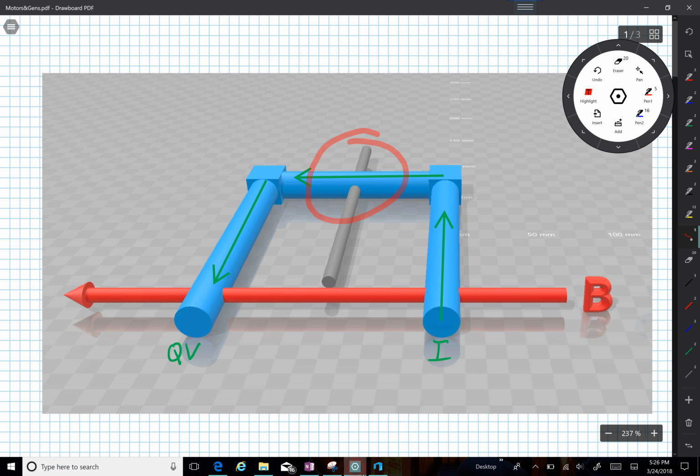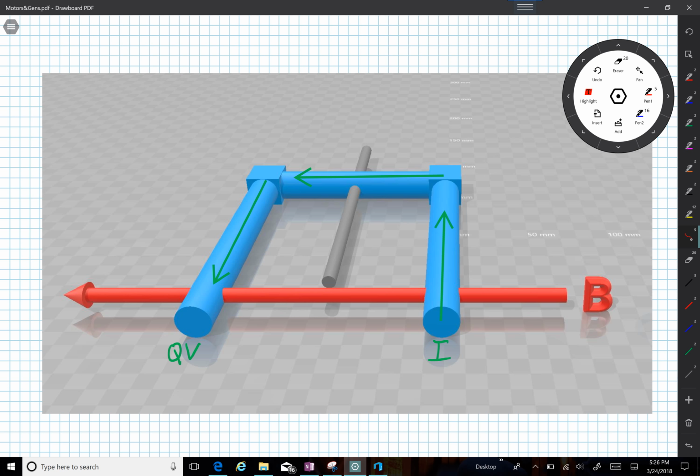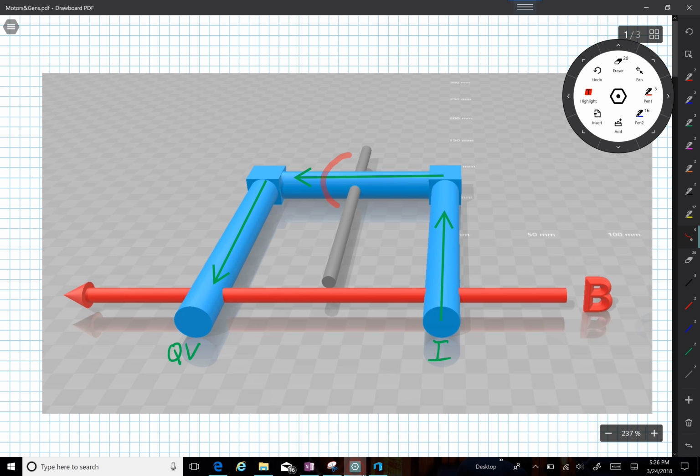And over here on this back piece of wire, we don't even think about that because there the QV is parallel to B. And we know that for a magnetic force to exist, the QV and the B have to be perpendicular. So we ignore that particular piece of QV. It's unimportant. Only this QV here and this QV here are going to produce a magnetic force.